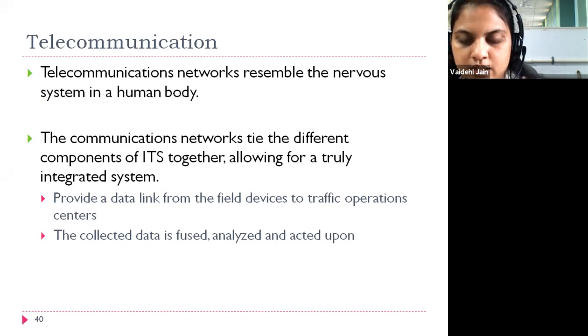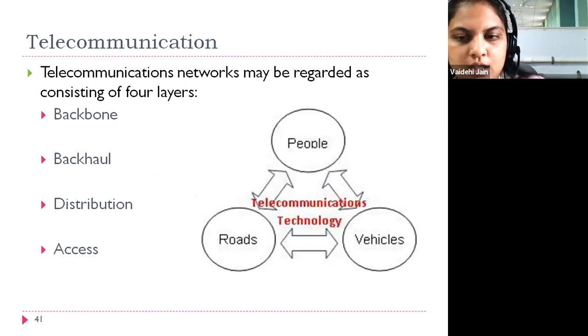We have learned so many components, like data and information, network data, supply chain, sensors, and cameras. Every part, every data is connected together by the telecommunication network. So the people, the roads and the vehicles are connected to each other in all means.